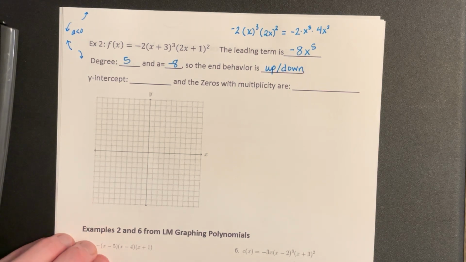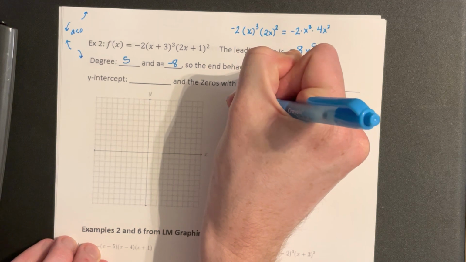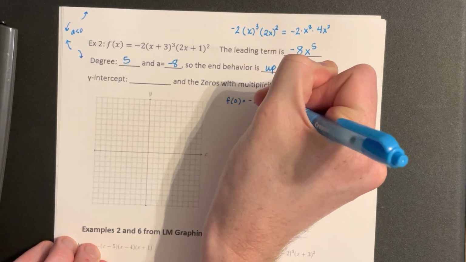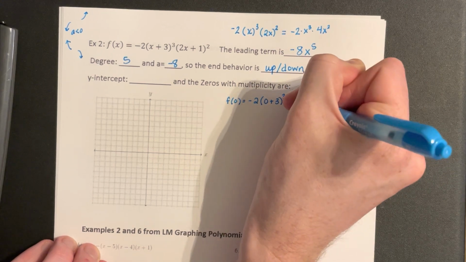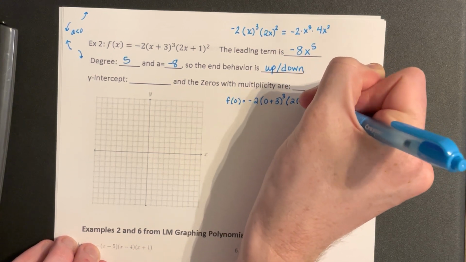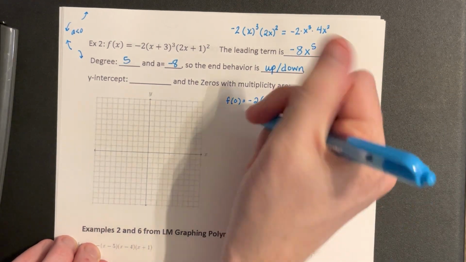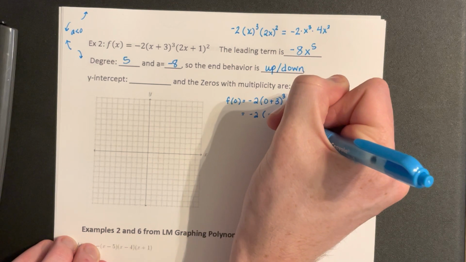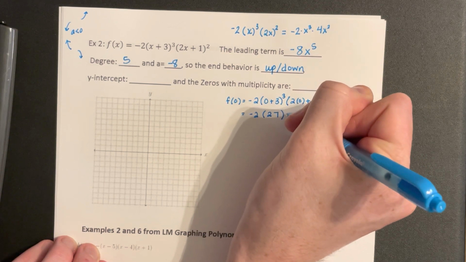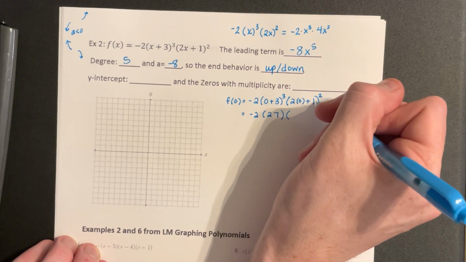Our y-intercept, well, that takes a little bit of algebra. So let's find f of 0. -2 times (0 plus 3) cubed, (2 times 0 plus 1) squared. So -2 times, 3 cubed is 27. 2 times 0 is just 0, and 0 plus 1 is 1.